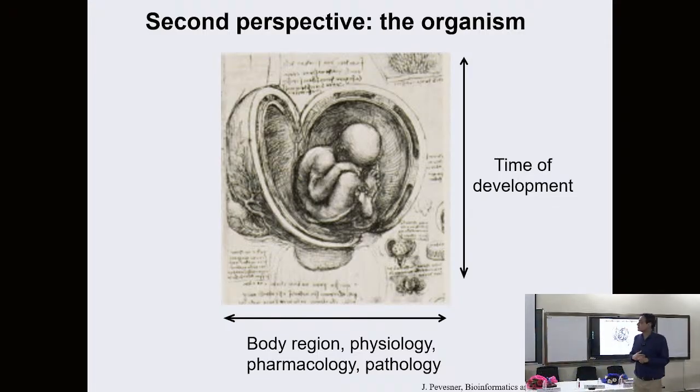Okay. So that could be happening across different areas of the body, different body regions. It could also be happening during the time of development. So at some time, for example, embryo, there would be some genes that express during that time, but not at later stages of development. Some genes express when you have a baby and it is born.